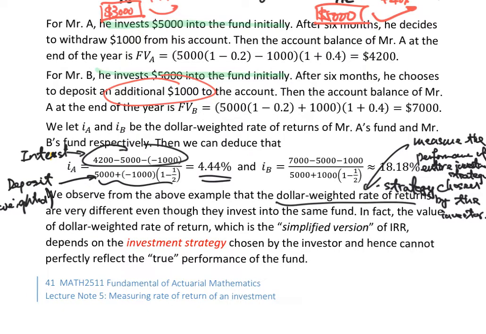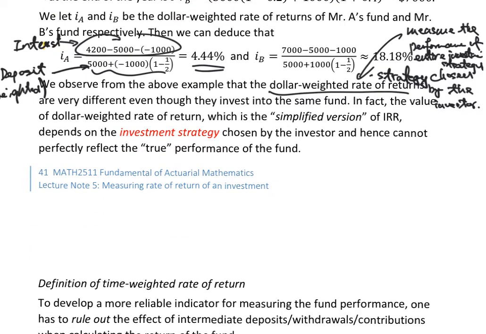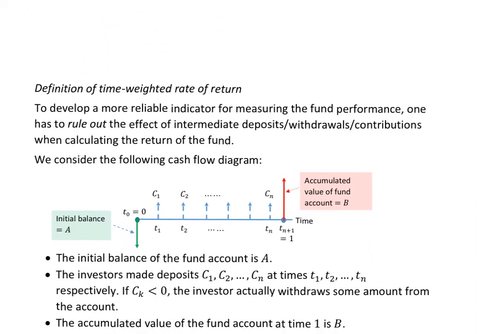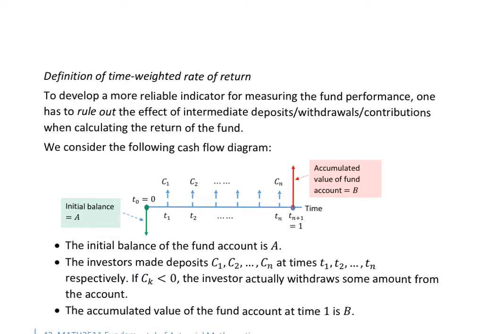So in order to do this, we have to develop another useful notion that allows us to just measure the performance of your investment fund only. This concept is what I call the time weighted rate of return.